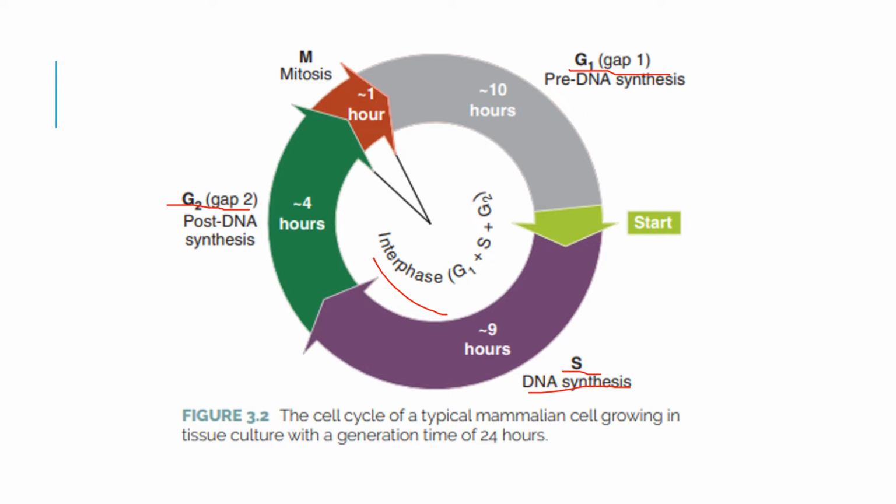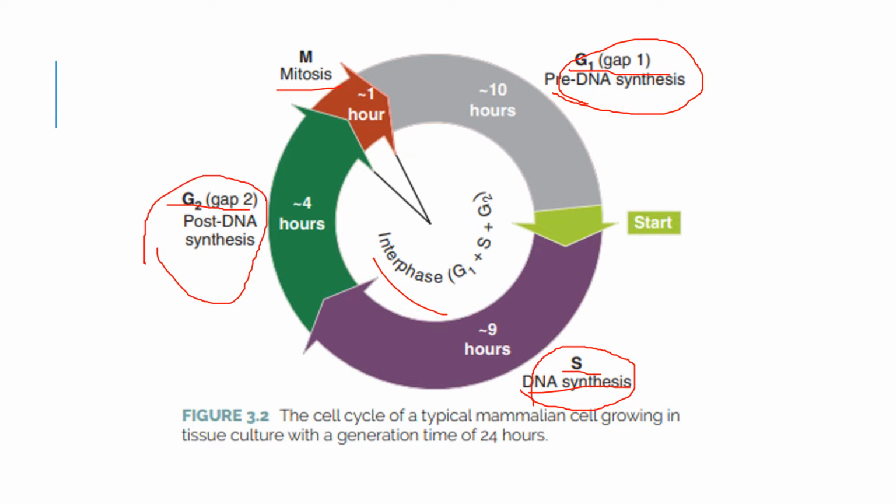The cell cycle, or the life cycle of a cell, is commonly described in terms of these three interphase periods, followed by mitosis, or the M phase. The order of events is therefore G1 or gap 1, S phase, G2 or gap 2, and M phase or the mitosis.